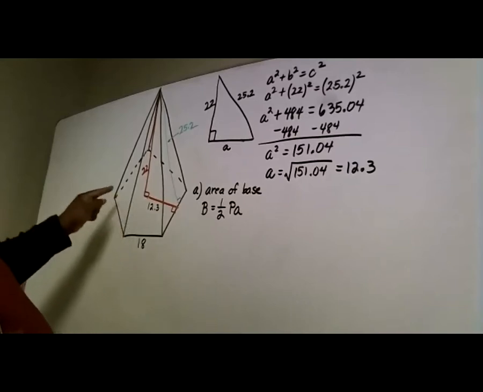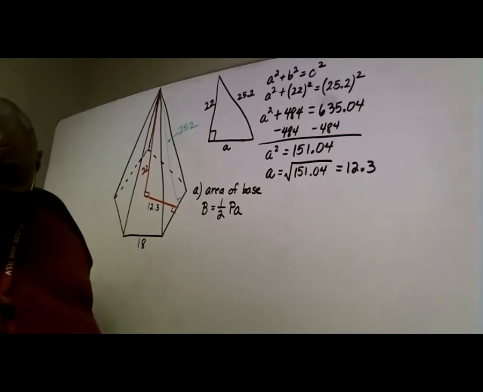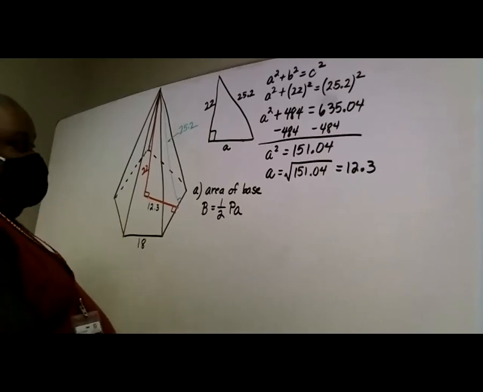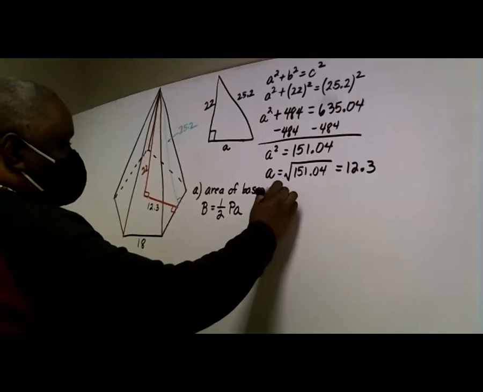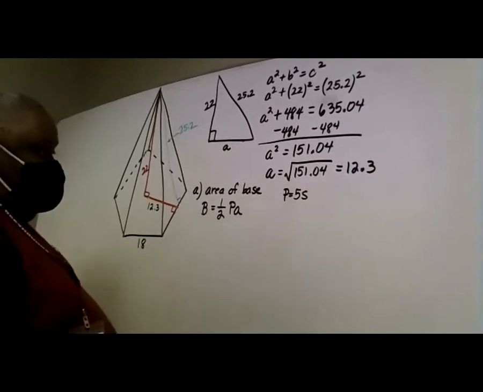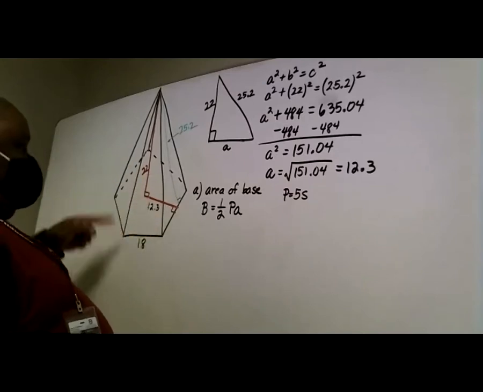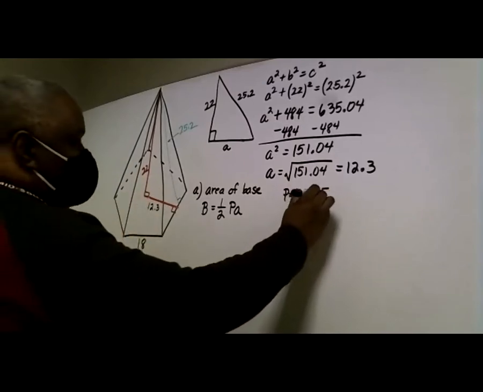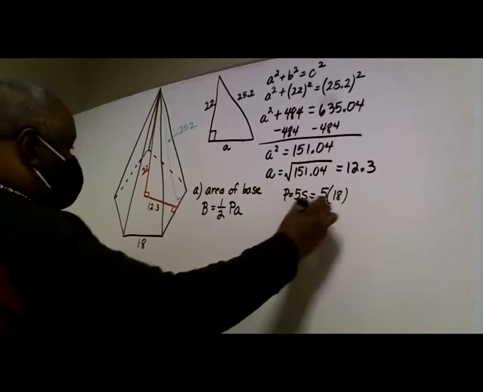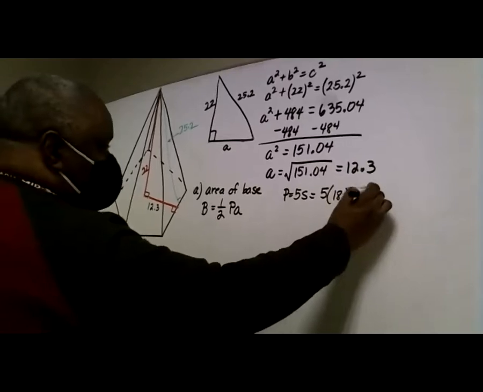But first of all, I need to know what the perimeter is. It is a pentagon with 5 sides, so the perimeter has to be 5 times S. If I do 5 times the length of the side, which is 18, that's 90.